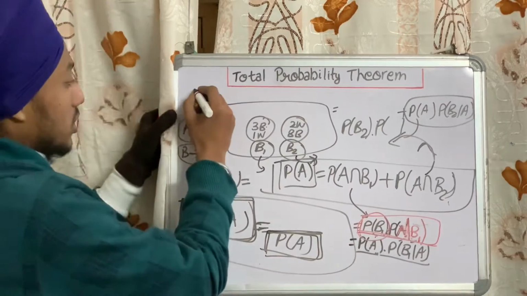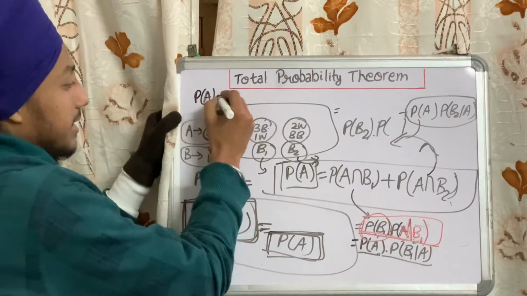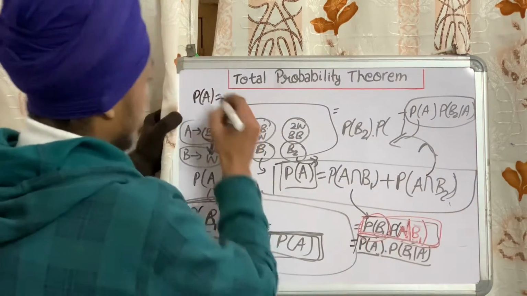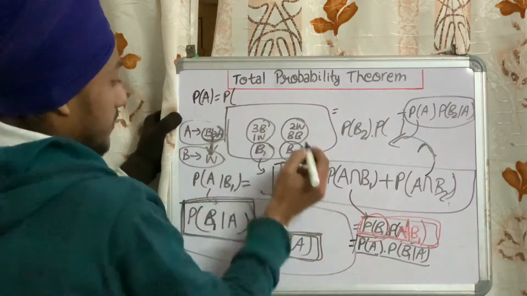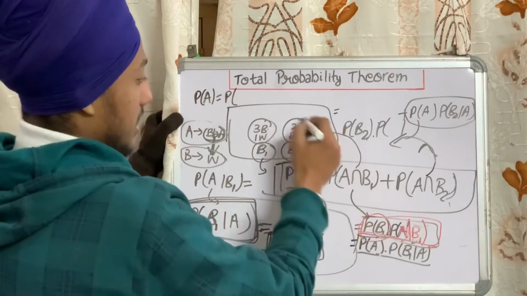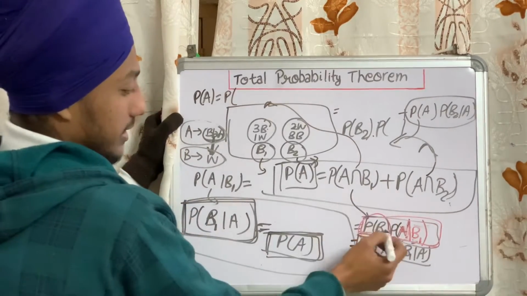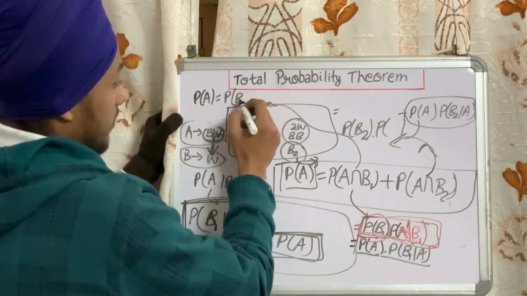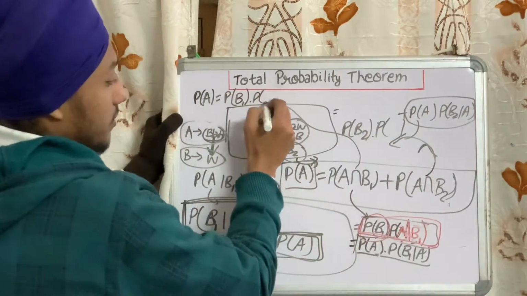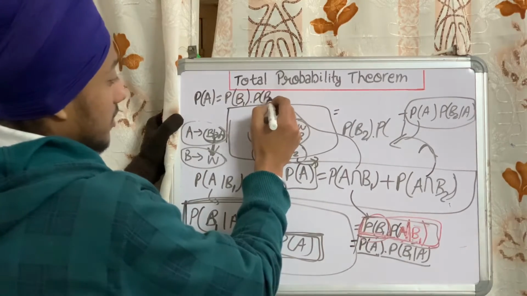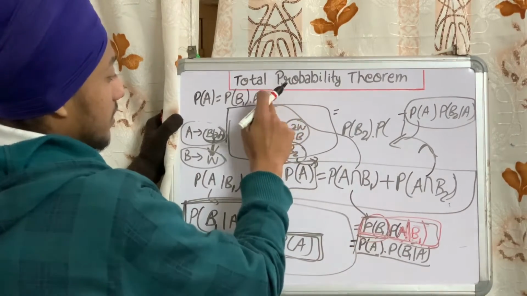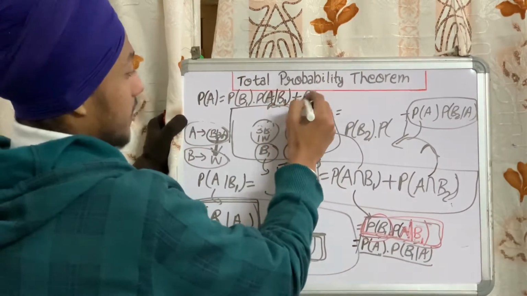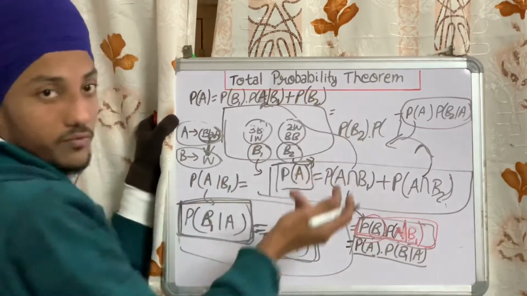This is what the total probability theorem tells us. We just take this out of here, because we write A, and again we write it this way. So let's do that: probability of B1 times the probability of A given that B1 is already done, plus the probability of B2 times the probability of A given B2.